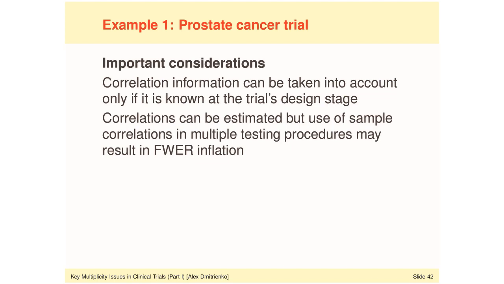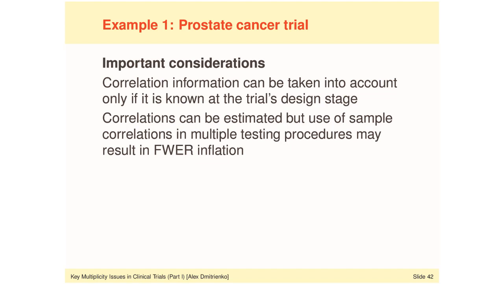The two endpoints in this trial, progression-free survival and overall survival, may be positively correlated, and if they are indeed positively correlated, it would be beneficial to take advantage of this information, because with this information we could construct a parametric multiple testing procedure that would lead to a powerful, efficient multiplicity adjustment. A very important consideration here is that correlation information of this kind can be taken into account only if it is known at the trial's design stage.